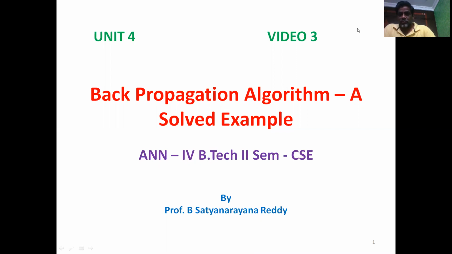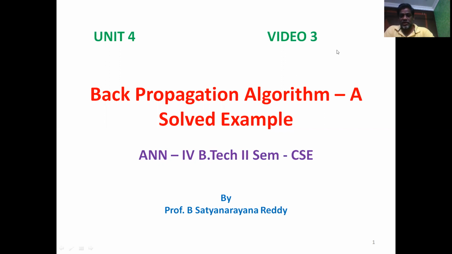Today, we'll see a solved example of applying this backpropagation algorithm and see how it can be used to train our neural network. We'll see the steps involved in the backpropagation algorithm one by one to solve a particular problem.